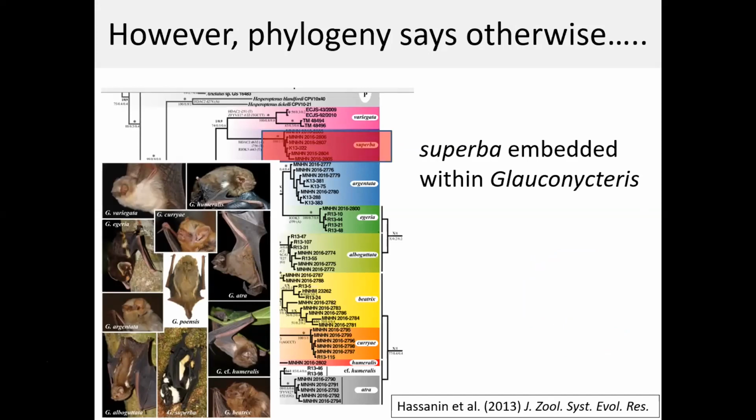In other words, genetically, Glauconycterus superba is not majorly different from other members of this genus. Therefore, it should not be in its own genus, or if it is moved to a different genus, it will require other species within Glauconycterus to move with it.